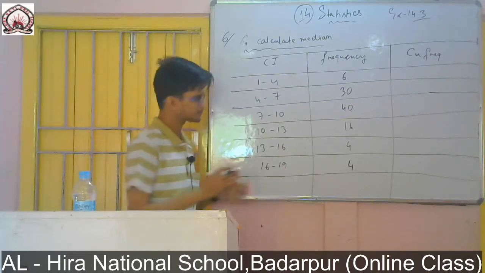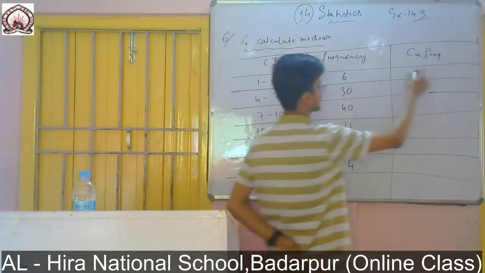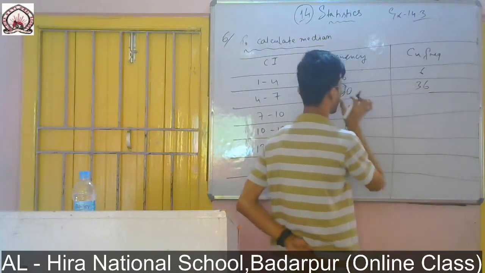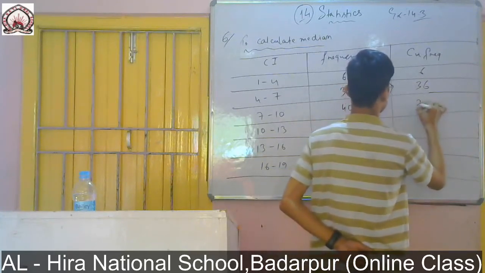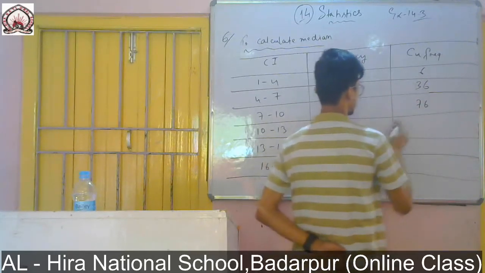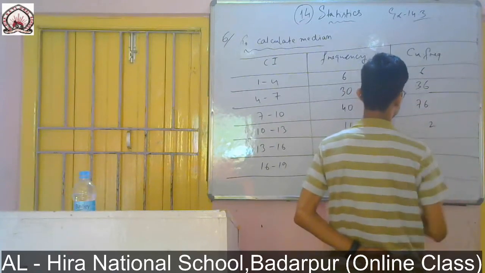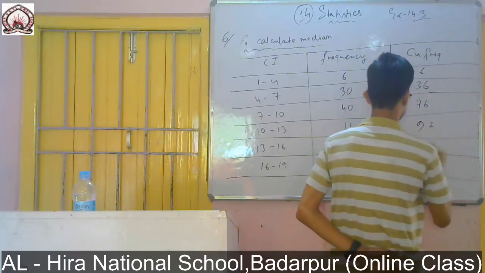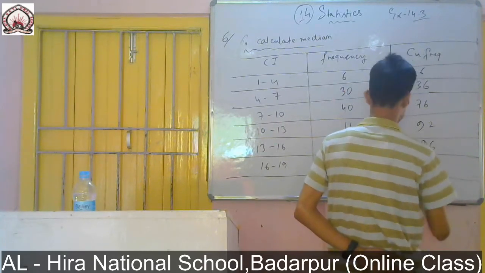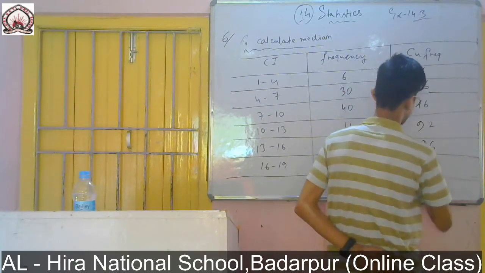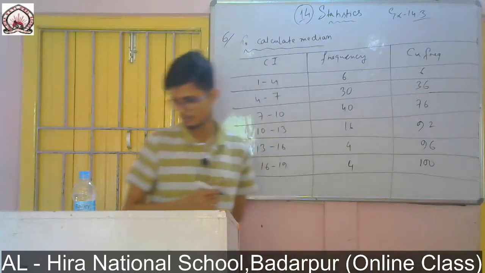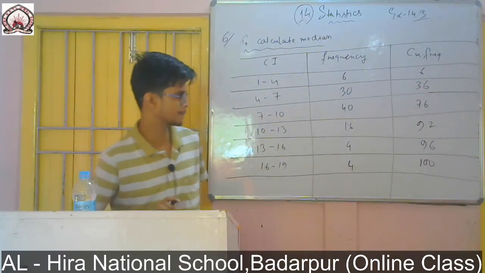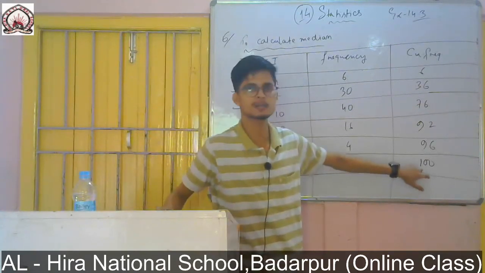So now I will find the cumulative frequency: 6, then 6 plus 30 is 36, 36 plus 40 is 76, 76 plus 16 is 92, 92 plus 4 is 96, and 96 plus 4 is 100. Now you see in the question how many surnames were picked, 100 were randomly picked, and I got the last cumulative frequency as 100.